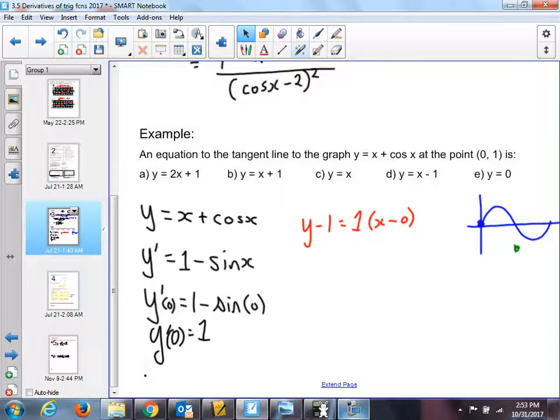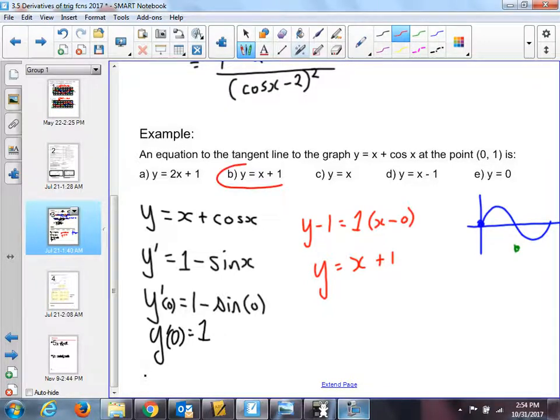If you can't quite do that in your head, you could probably guess already, but y is equal to x plus 1. Okay, there you go. B it is.